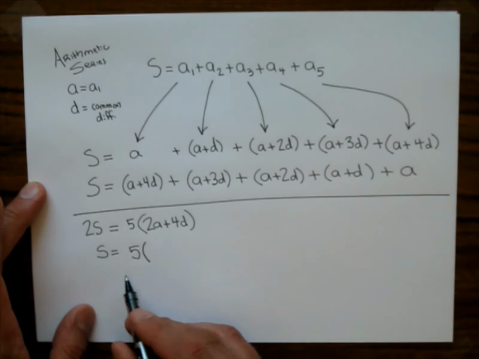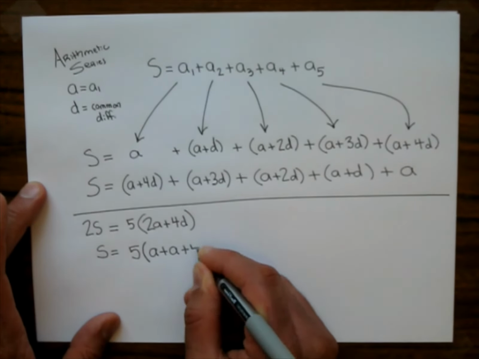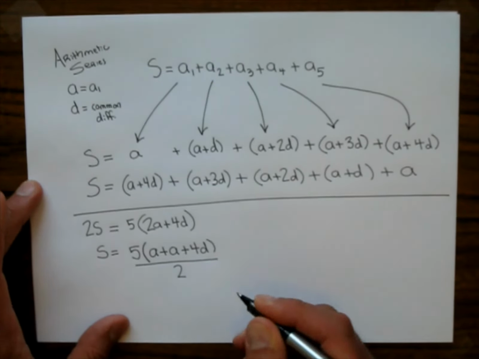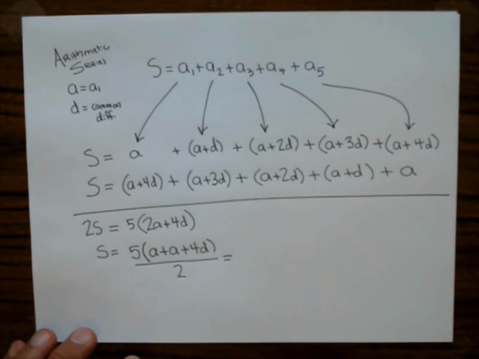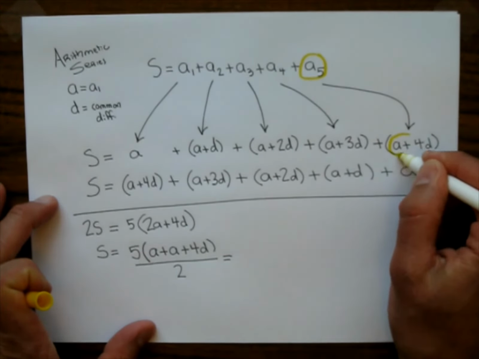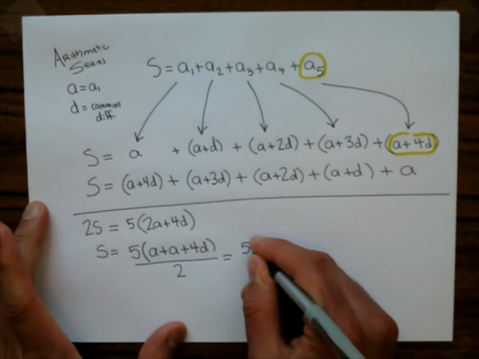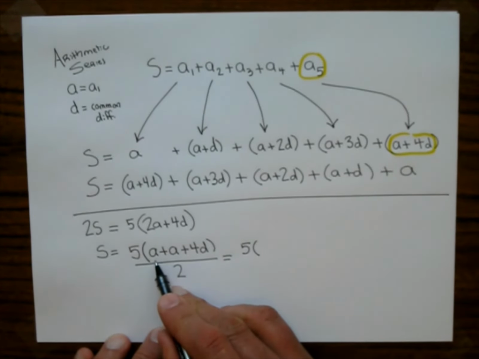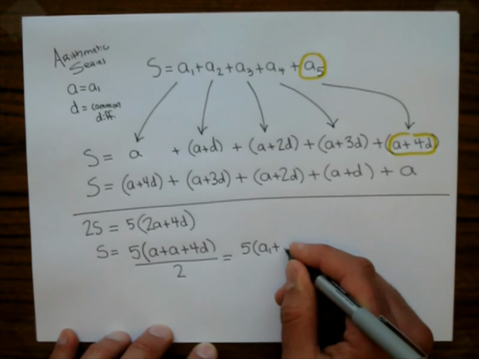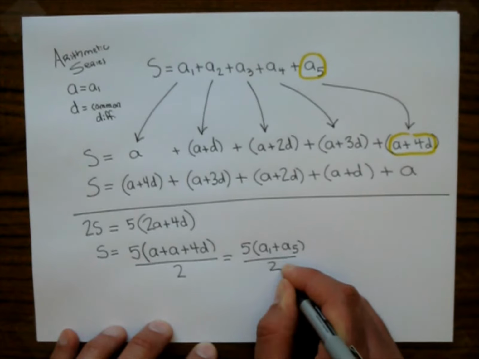Before I divide by 2, I'm going to write this as A plus 4D, and then I'll divide by 2. Now why did I do that? It's because, look what A5 is. A5 is A plus 4D. So I'm going to write this as 5 times A1 plus A5, and this is all over 2.